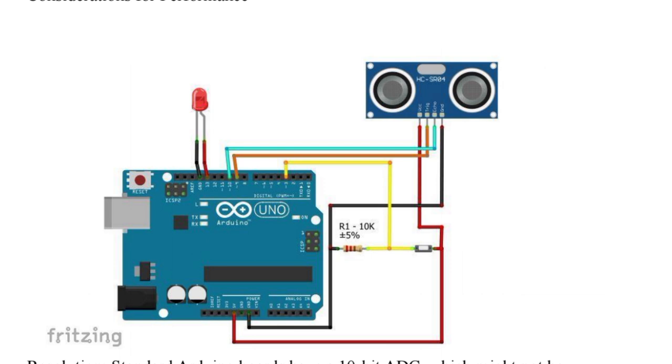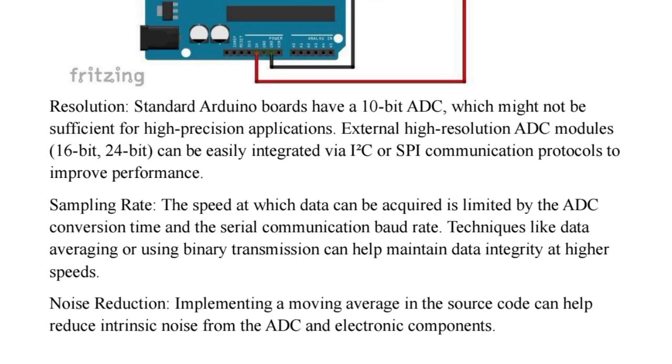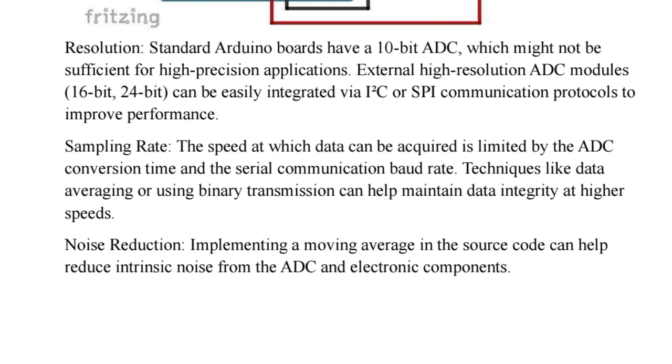See here, the sensor processes the data. After that we do signal conditioning, which is processed by the microcontroller, and finally we are connected with the real-world data. The resolution we use is a 10-bit ADC, and other models can support 16-bit and 24-bit.